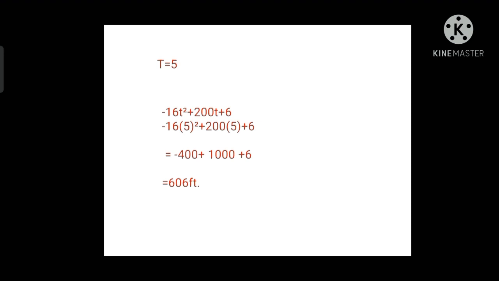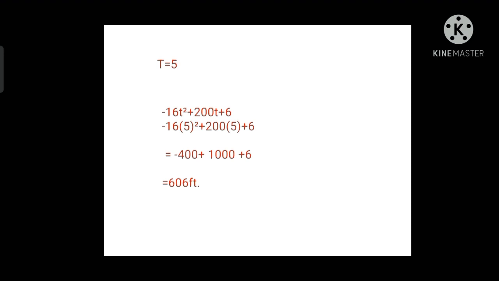The polynomial is negative 16t squared plus 200t plus 6, and we substitute t with 5. So negative 16 times 5 squared, or 25, is equal to negative 400, plus 200 times 5 is equal to 1000, plus 6 feet.